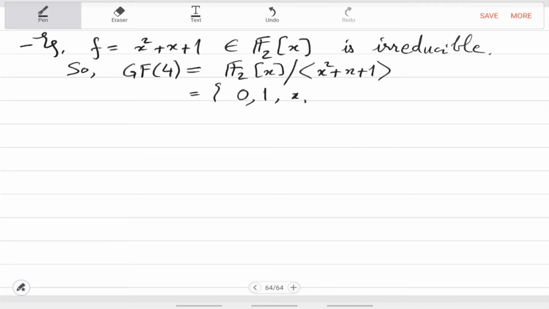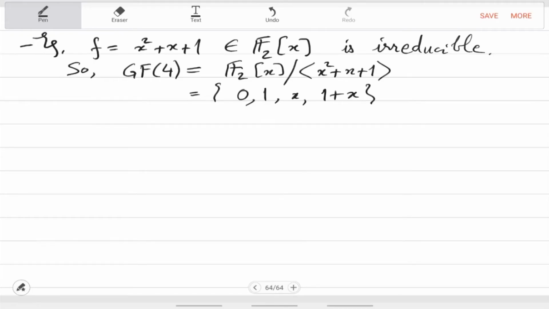It has x and it has 1 plus x. So these are the only elements in this field. Any polynomial in x will map to one of these 4, right? So x square maps to what? X square in this ring is equal to x plus 1, right? And x square plus 1 is then equal to x, and so on.